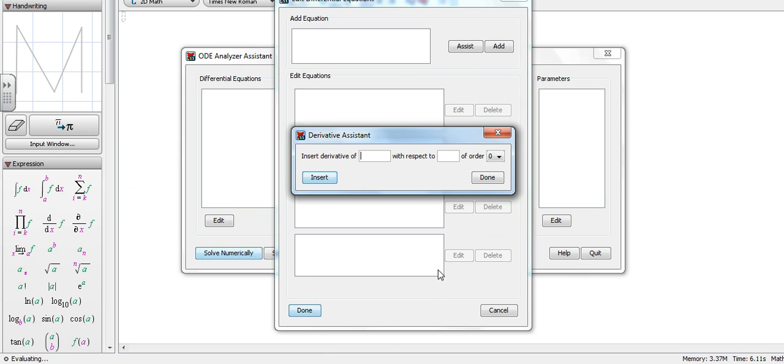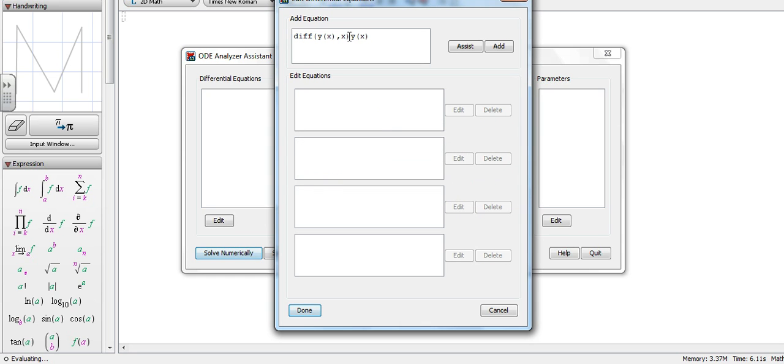We're going to have y of x and a first derivative, and we're going to have y of x, no derivative, and then we're going to say the first derivative is equal to x squared times the original function, which is the original problem.